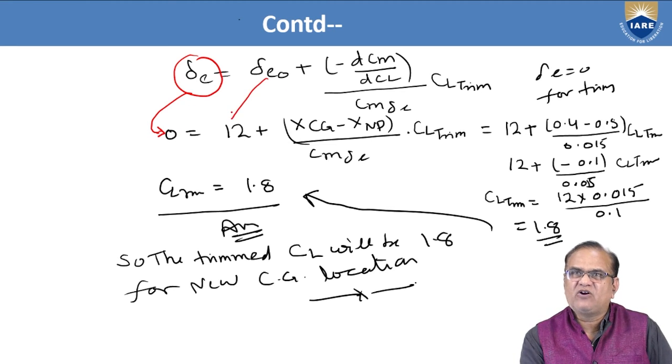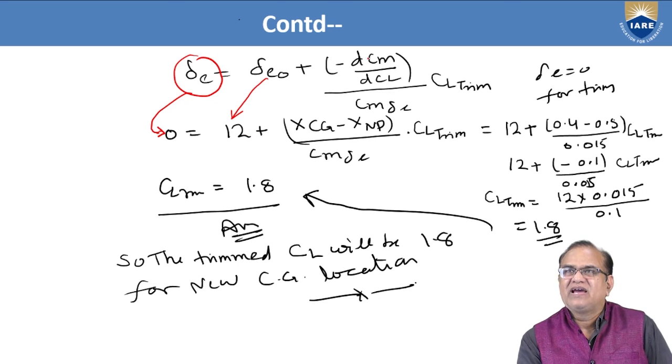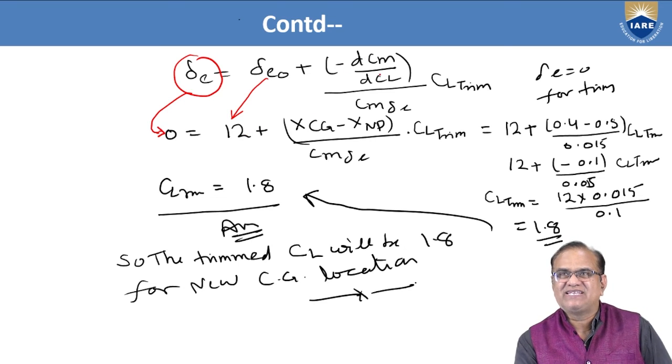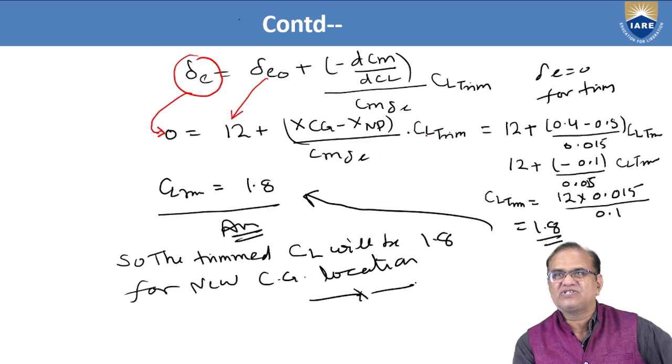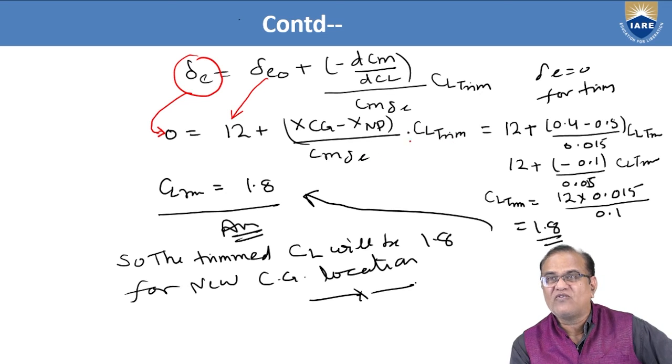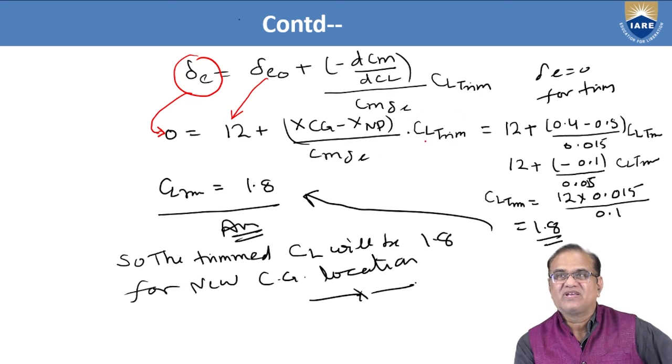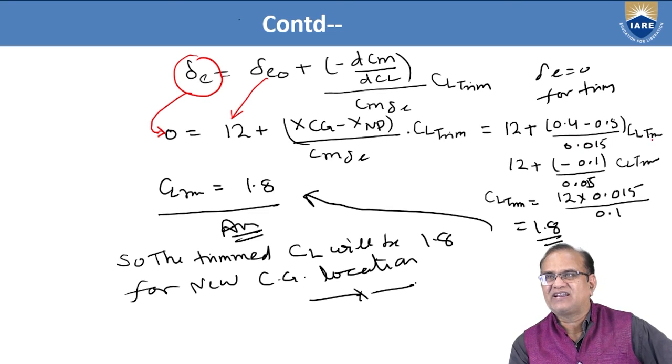We have found out this delta E is equal to 12 degree plus here dCM by dCL is equal to static margin, and static margin is XCG minus XNP divided by CM delta E into CL trim. So we have to find out what is the CL trim. Okay, so here 12 plus XCG 0.4 minus 0.5 divided by 0.015 CL trim.